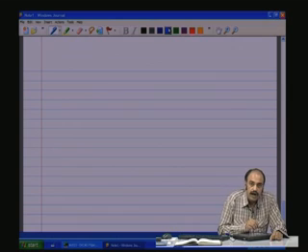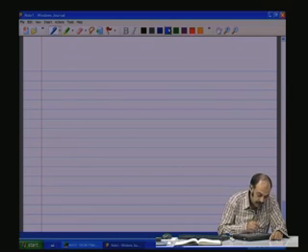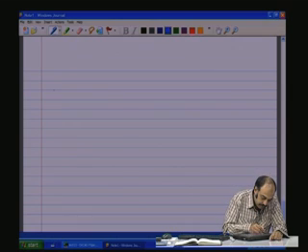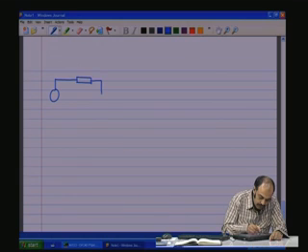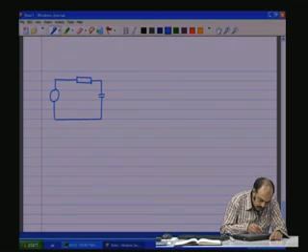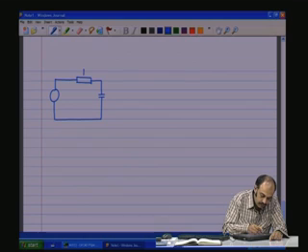Okay. Now, let us take the RC circuit which we have been seeing for quite some time, and we are now quite familiar with this circuit RC. This is our RC circuit, RC, this is V in.